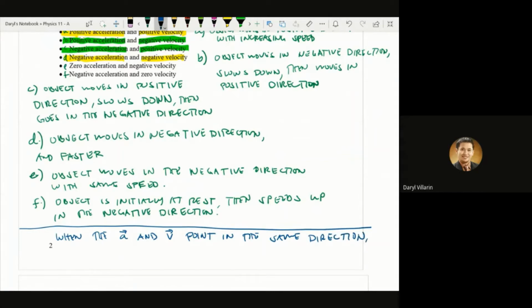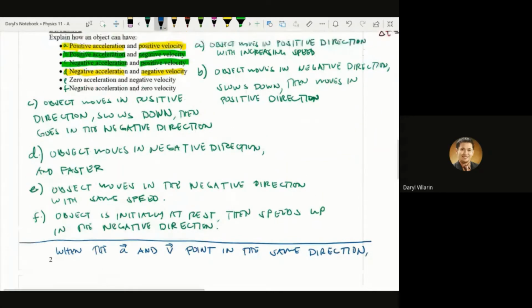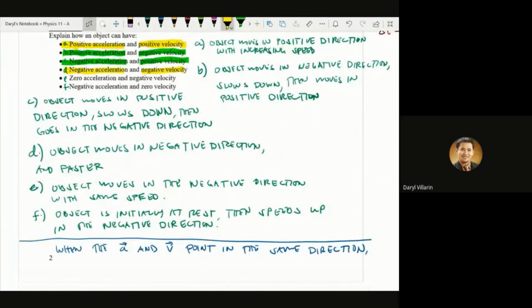So again, that's the yellow case there, the yellow highlighters that I point out. So the acceleration and velocity are in the same direction in that particular case. The object will speed up in that direction.